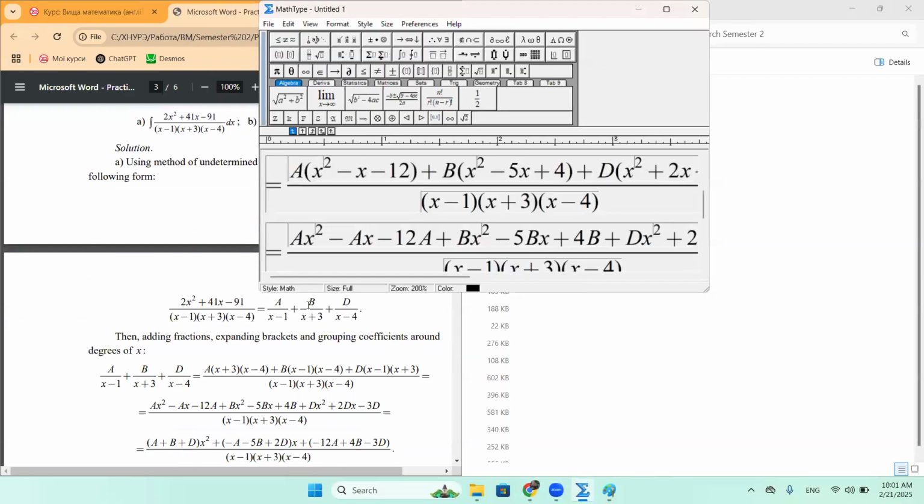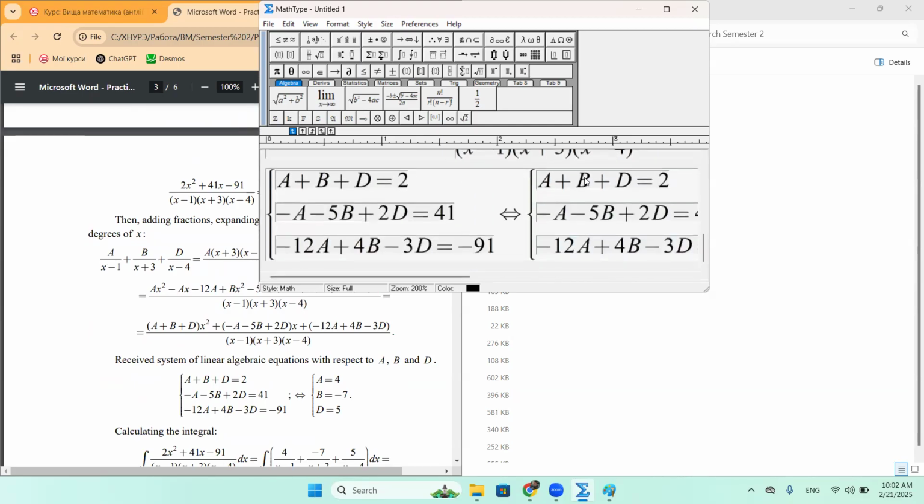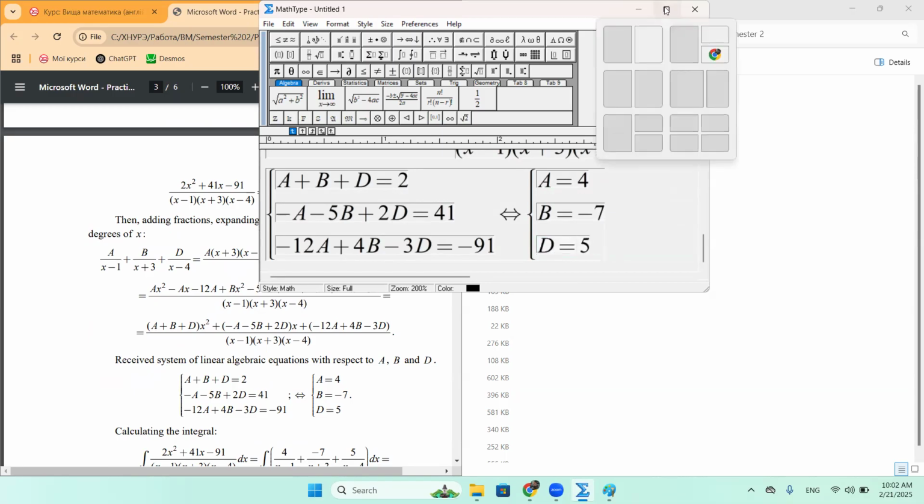We already know how to solve systems of linear equations. But of course, when doing your homework, you will have to solve them on your own. So we just skip this to save our time and pay more attention to integration.